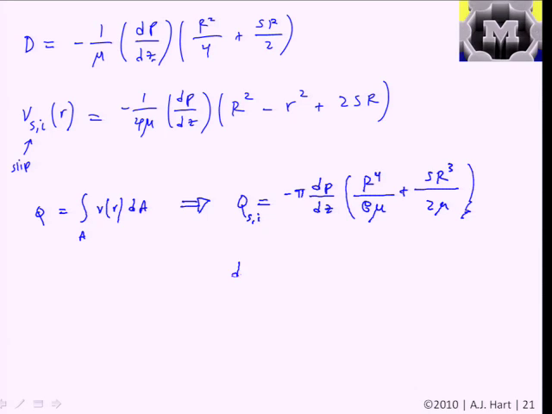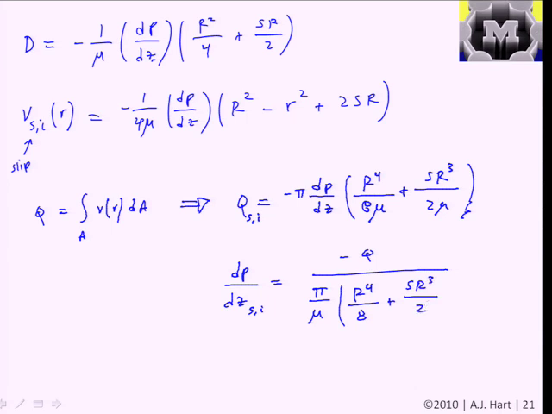And then if we rearrange this to solve for the pressure gradient, we would get minus Q divided by pi over mu, and then r to the 4th divided by 8. I just pulled out the mu, plus S r cubed divided by 2.